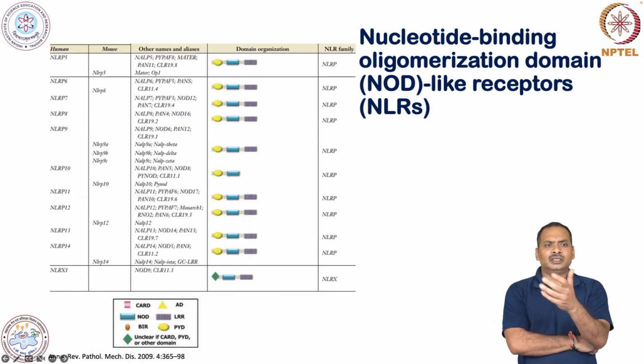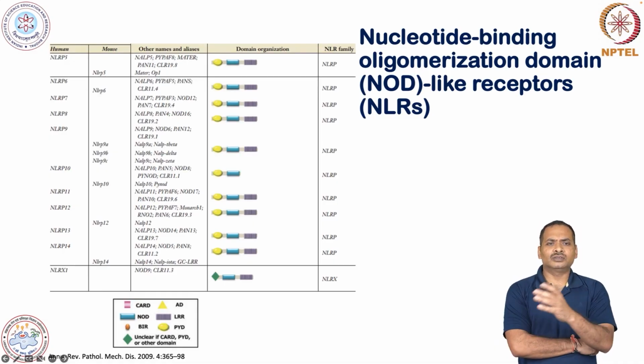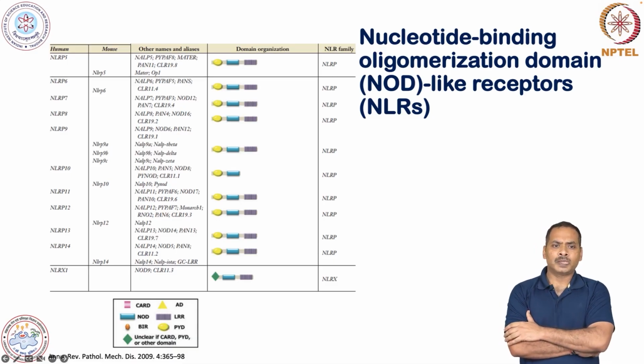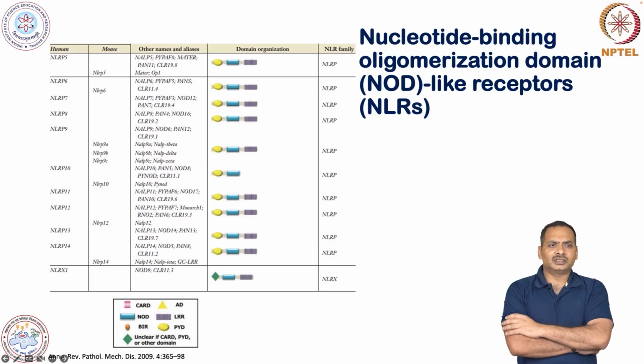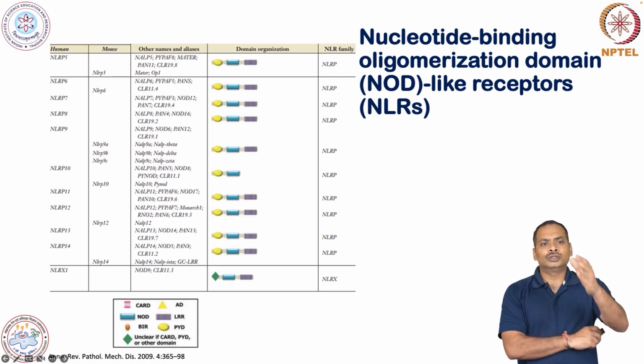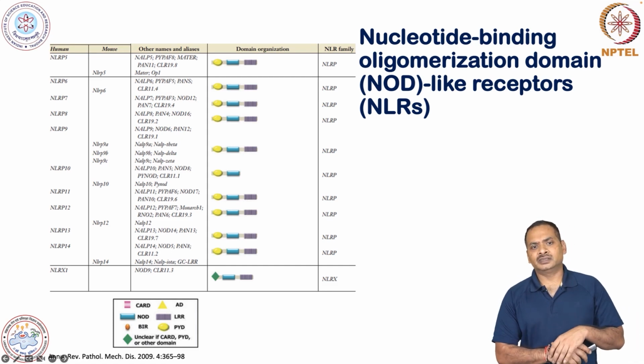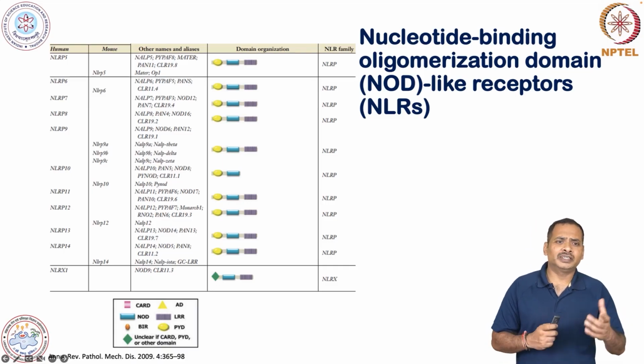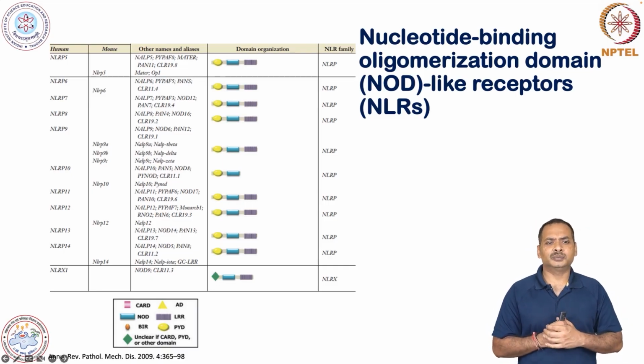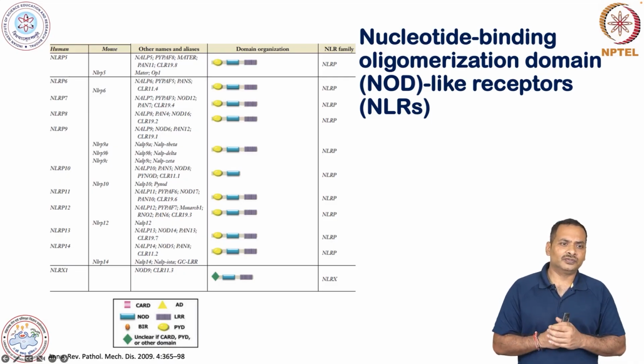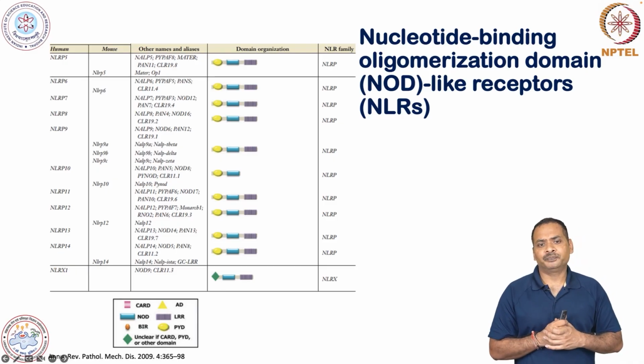Here there is another member, NLRP5. This also has a pyrin domain, NOD domain and leucine rich repeat domain. The rest of the NLRPs are also there, NLRP 6, 7, 8, 9, 10, 11, 12, 13 and 14. All these NLRPs have a characteristic pyrin domain, NOD domain and leucine rich repeat domain, except, if you see carefully, NLRP10, which doesn't have a leucine rich repeat domain.